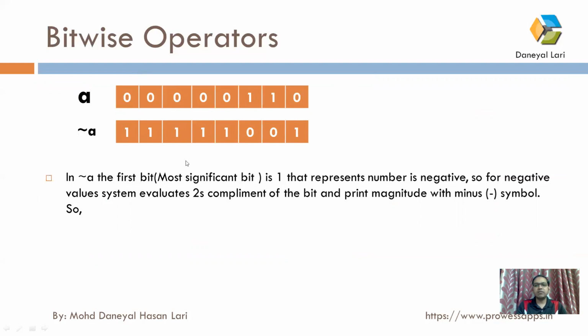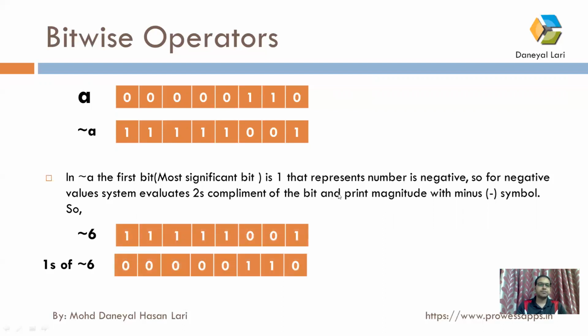For negative number values, the system evaluates the 2's complement. Your computer will perform the 2's complement on the bits and print the magnitude with a minus symbol. So look at here, this is equivalent to -6, that is 1, 1, 1, 1, 1, 0, 0, 1.